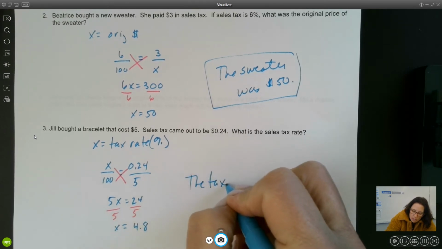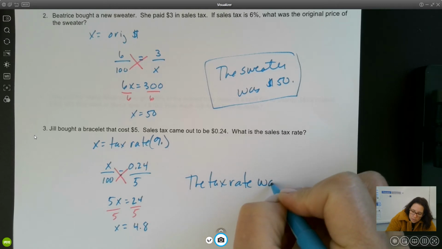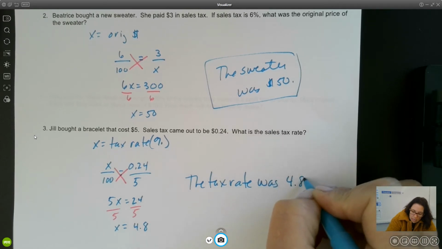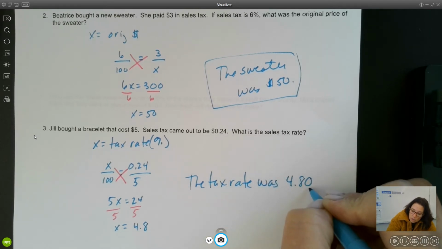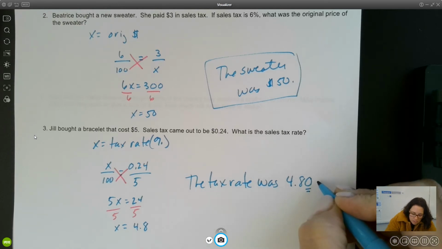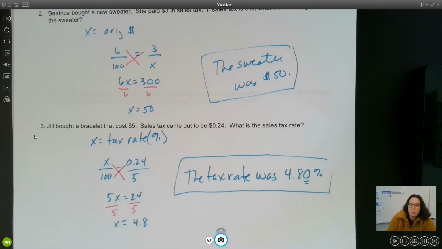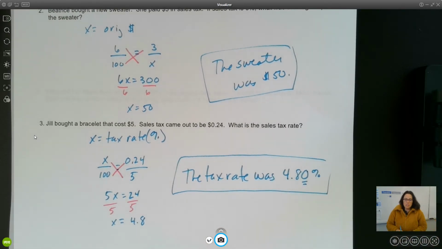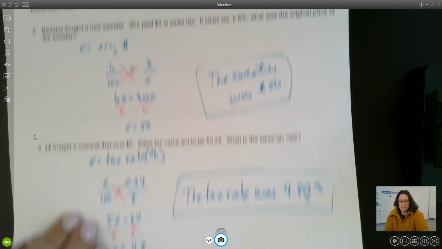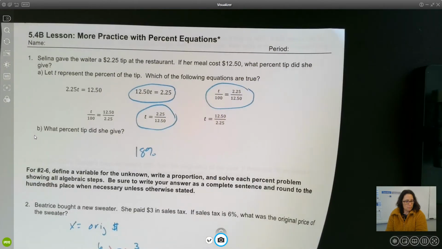The tax rate was 4.8. Rounding to the nearest hundredth, you need that hundredths position there, even though there isn't one, if that makes sense. If you put that in your calculator, you'd probably just see 4.8. But if we're asked to round to the nearest hundredths, tuck in that hundredths position. Okay. Next problem.